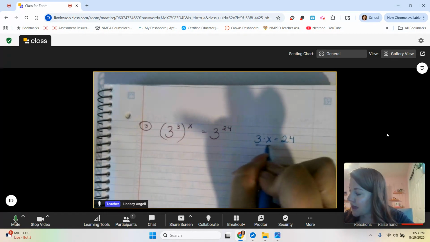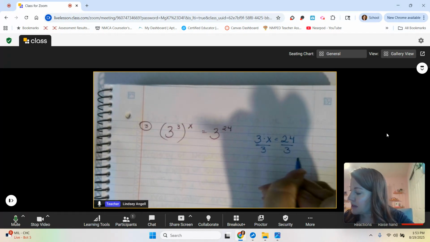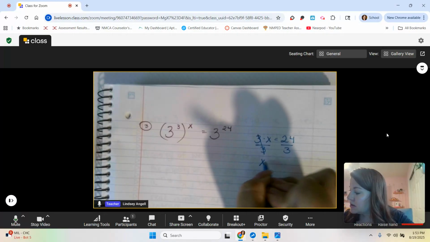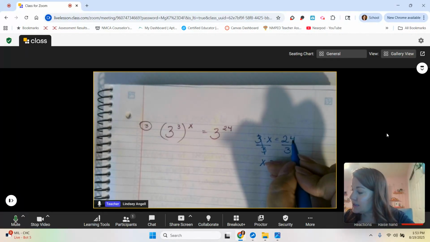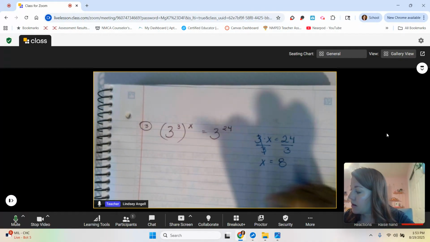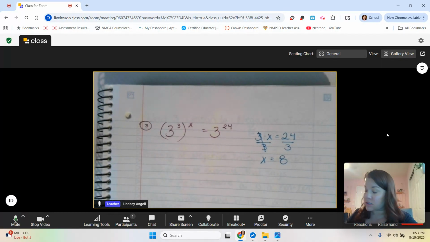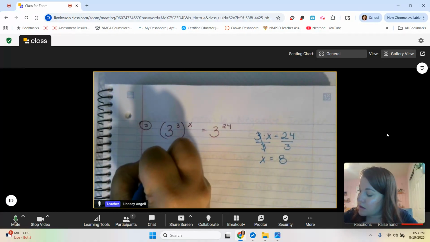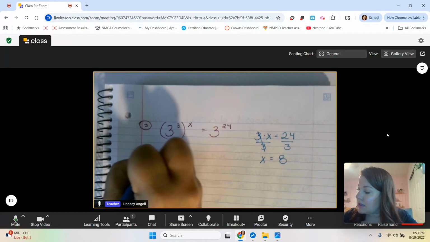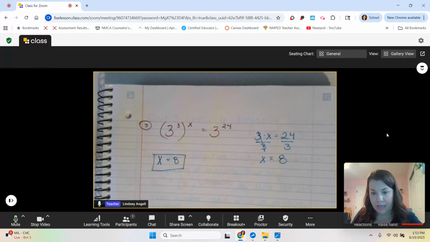To solve that, I could divide both sides by 3. Those cancel on the left, leaving x equal to 24 divided by 3, or 8. And checking my work, 3 times 8 does get me to 24. So in this case, x is equal to 8.